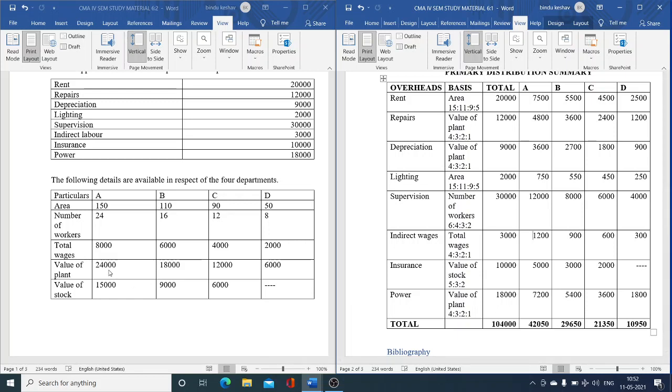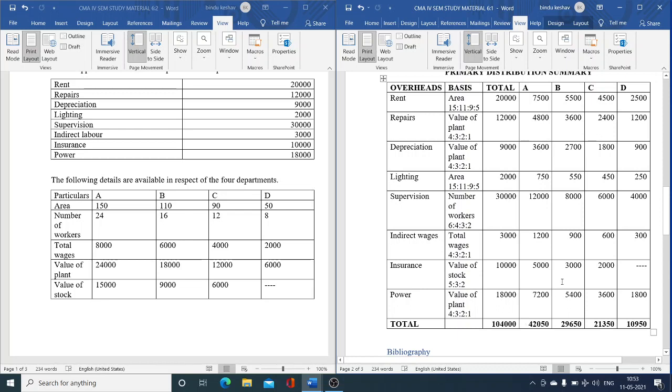Actually it was 24:18:12:6, and when we divide it by 6, we get the simplified ratio 4:3:2:1. Using this ratio, the 18,000 rupees can be divided among the different departments as 7,200, 5,400, 3,600 and 1,800.